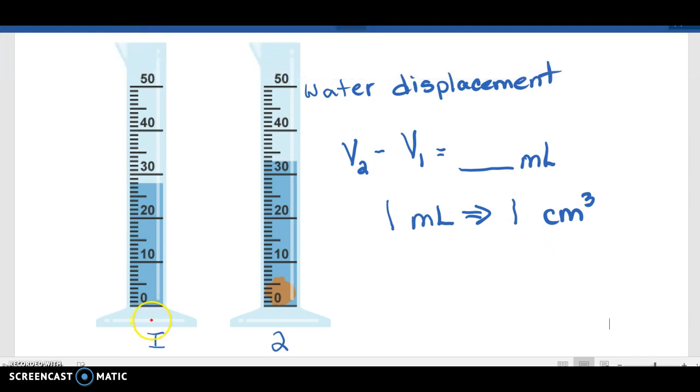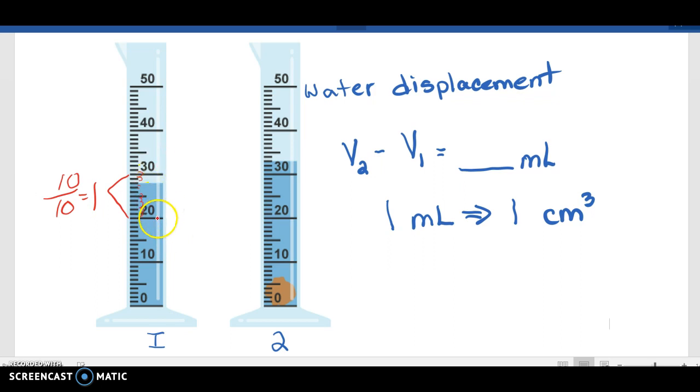So let's take a look with our sample. The first thing that we need to do to find the volume is to look at the scale. So I'll pick a numbered line to the next numbered line and look at the difference between 20 and 30. The difference is 10. That value is divided into 1, 2, 3, 4, 5, 6, 7, 8, 9, 10 intervals. 10 divided by 10 is 1, so the scale of this graduated cylinder is 1 milliliter.